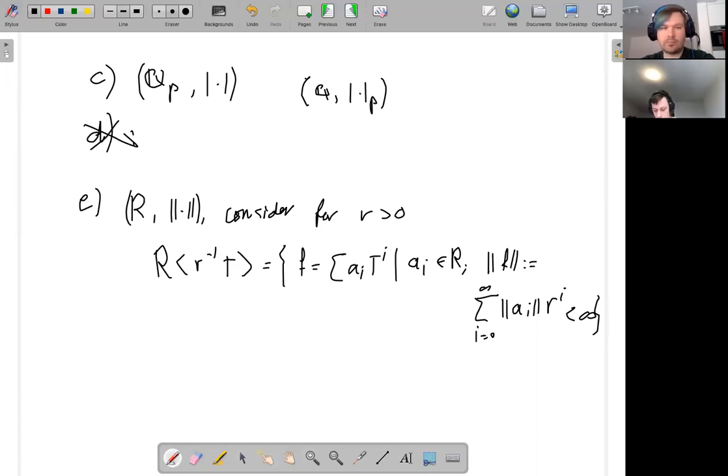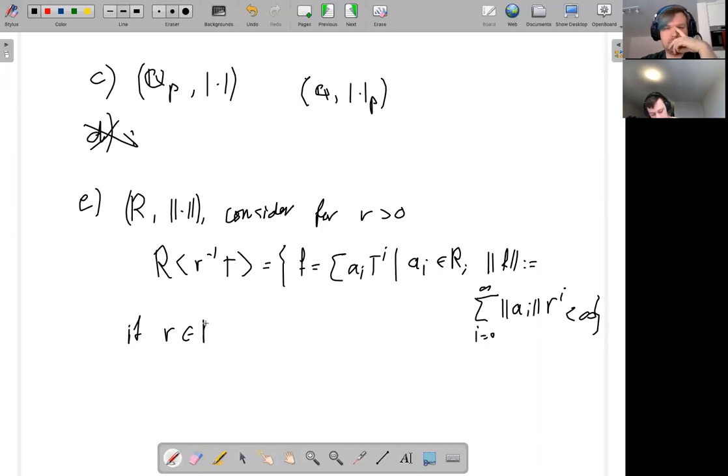The idea is that if you plug in an element of R into such a function f, and if the norm of the element is less than or equal to r itself, so there are two r's. Let me write it down.